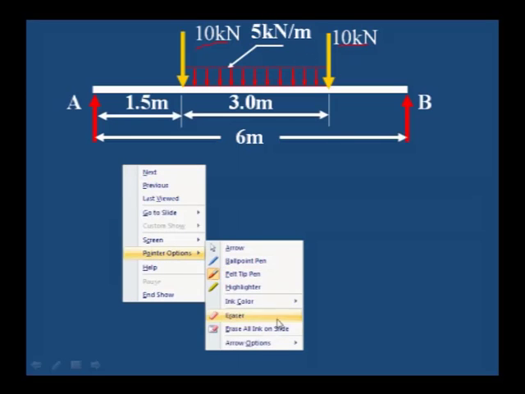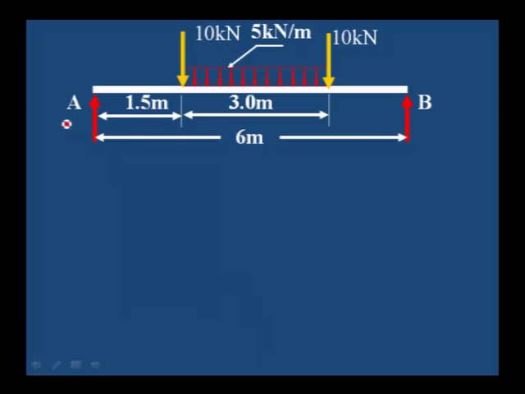What you can observe here, A to B distance is 6 meter, and from A the first point load is at 1.5 and the second point load is at 4.5. Therefore, the distance between the second point load and B is 1.5 meter. What we can observe here, this is a symmetrically loaded beam.